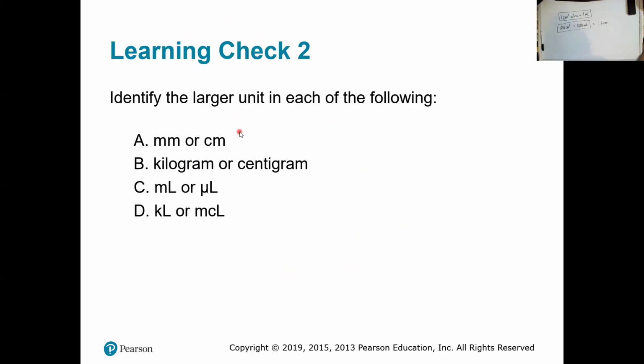All right, so let's look at these. Identify the larger unit in each of the following. So between our milli and our centi, we can use the exponents on our table to help us figure out which is the larger value, right? We know that if we have a larger negative number, so if you're comparing like -6 to -3, -3 is going to be the larger value, right?